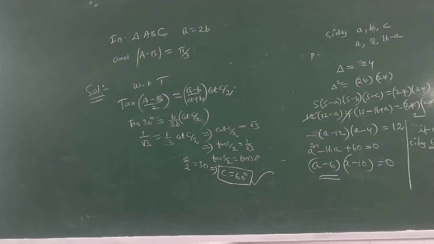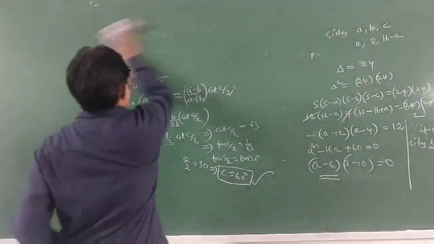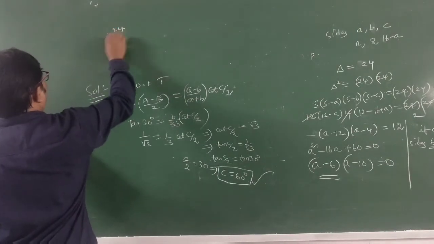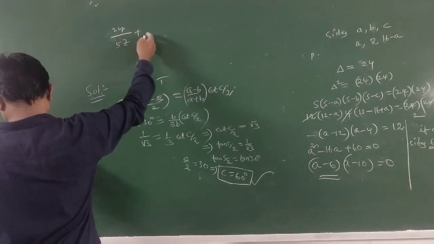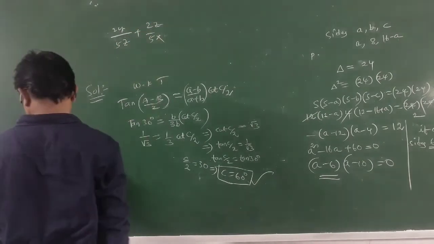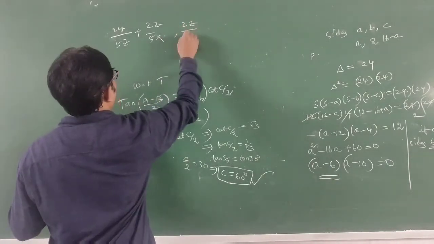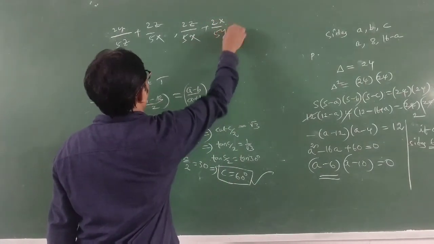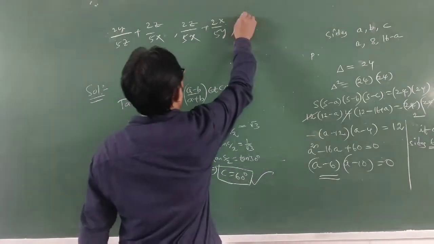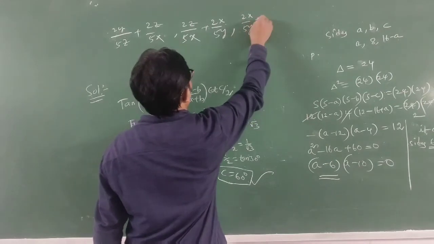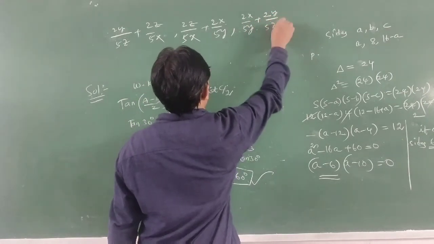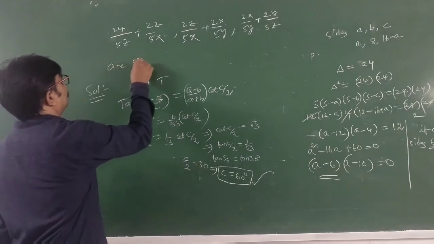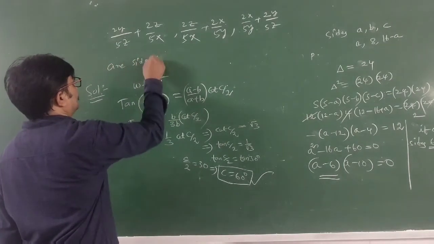Now students, the another question. 2y by 5z, 2z by 5x, after that 2z by 5x, 2x by 5y, after that, students, 2x by 5y, 2y by 5z are the sides of the triangle.